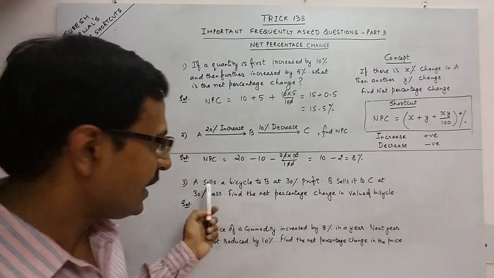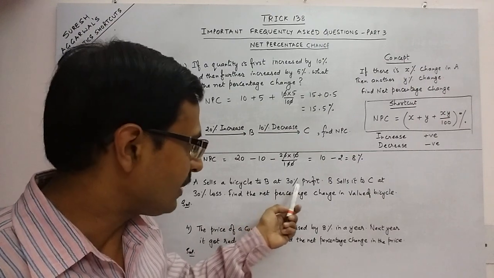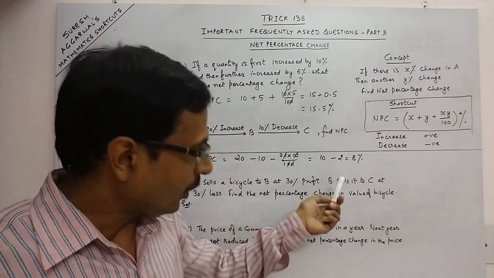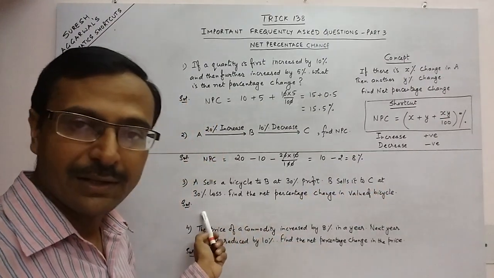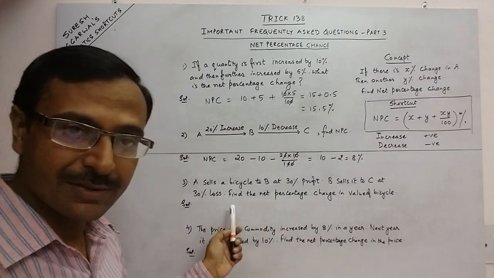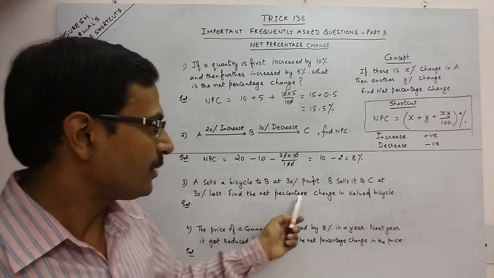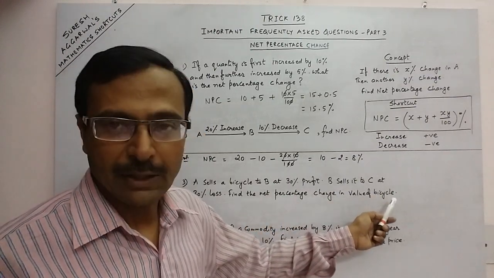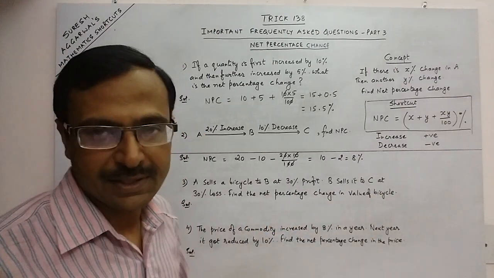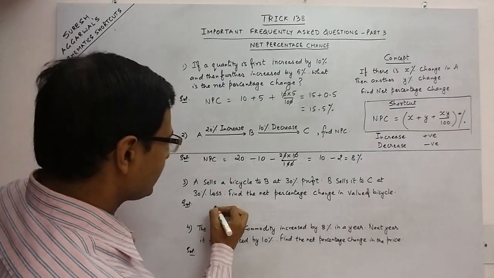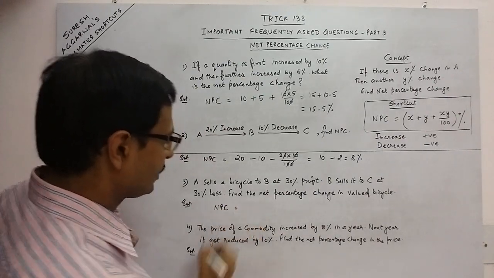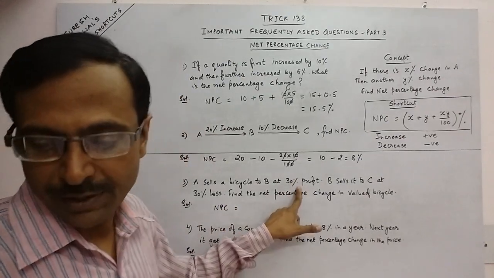Now A sells a bicycle to B at 30% profit. Now B is selling the same to C at 30% loss. One is profit, one is loss. Find the net percentage change in the value of the price of the bicycle.